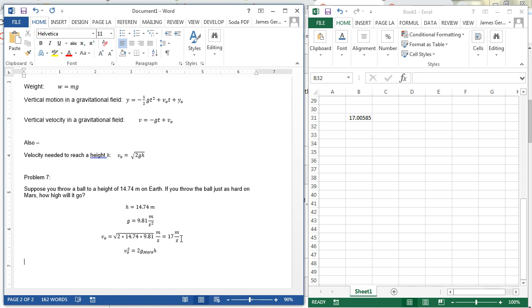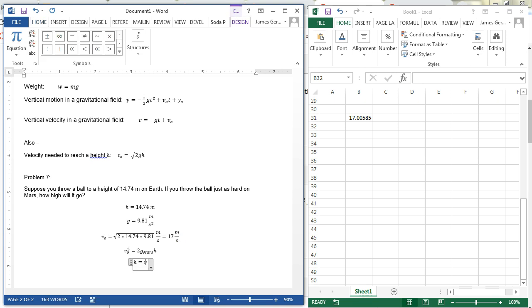The v naught is the same because we're throwing it with the same velocity. So let's solve for h. h equals v naught squared over 2g Mars.